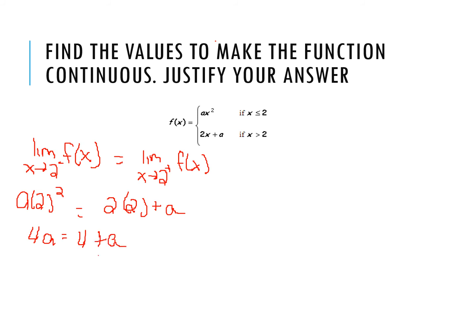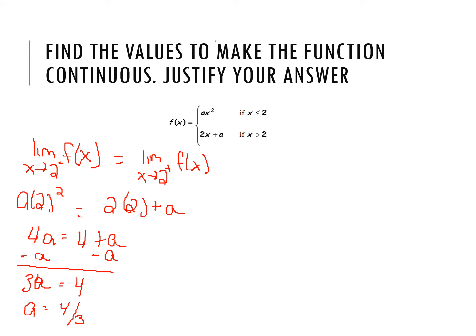I would solve this equation for a. I'm going to subtract a from both sides. So I get 3a is equal to 4. So a has to equal 4/3. That answers that first question.